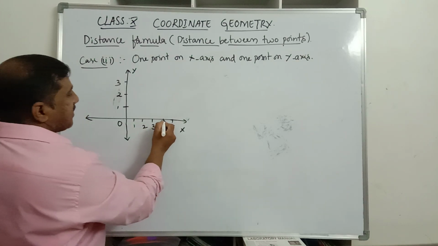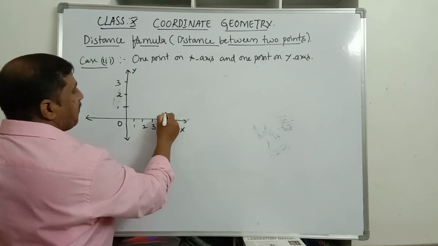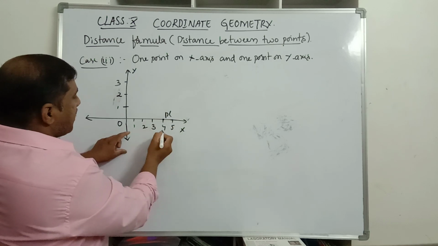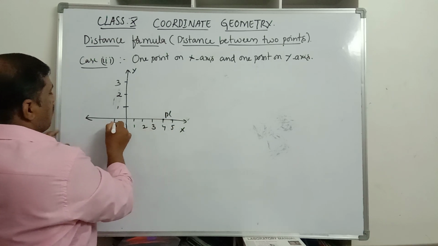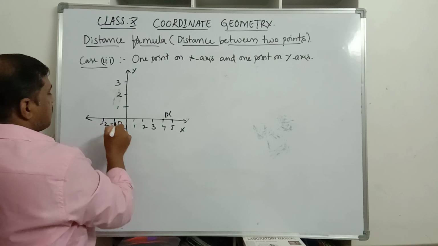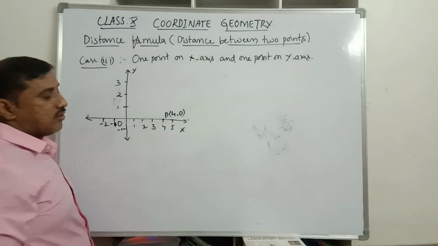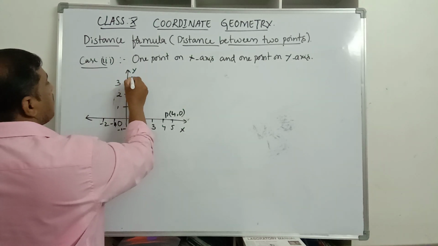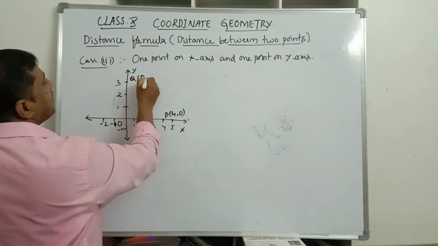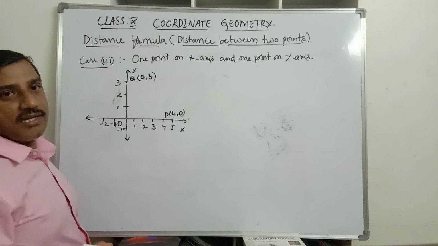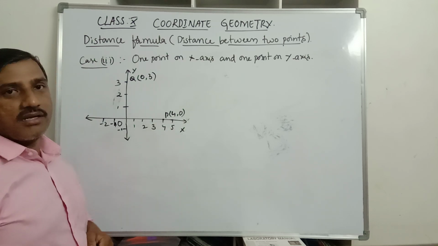Let the point on the x-axis be P, with coordinates x equal to 4 and y equal to 0. The next point is Q, with x as 0 and y as 3, that is (0, 3) and (4, 0).